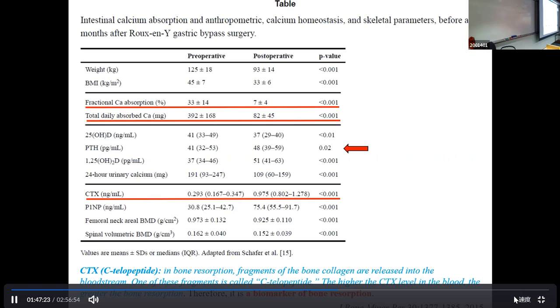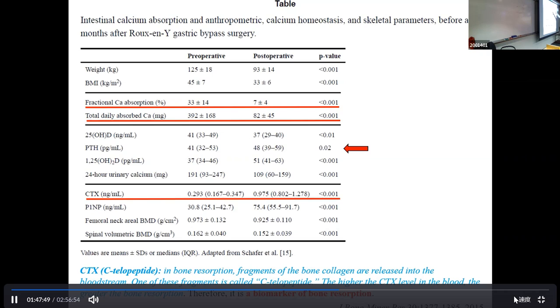That is the resorption process. What you can see is the CTX value is say 0.3 here and almost 1, indicating that post-operation you have about 3 times higher rate at which your bone is demineralizing.